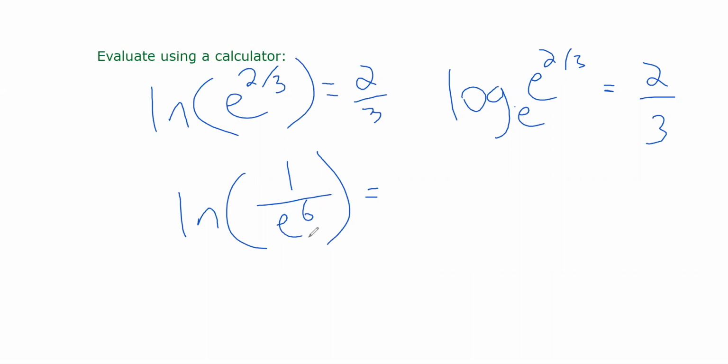I can actually, if I really wanted to, rewrite this by bringing the e to the top, but I have to make that a negative power on the 6. So we can get the natural log of e to the negative 6th.